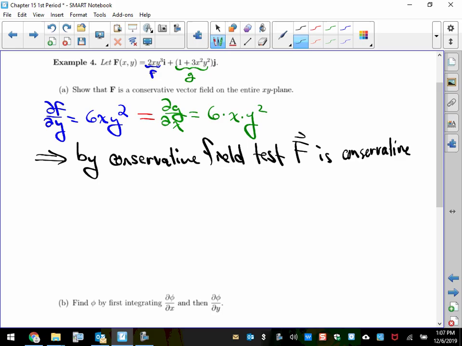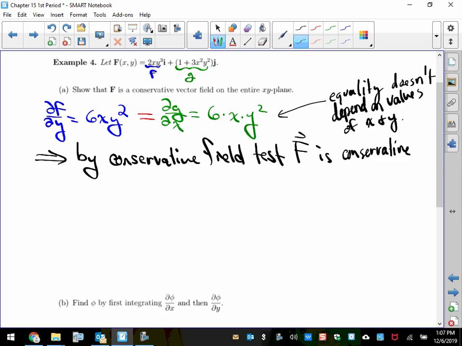And notice that this equality does not depend on values of x and y.